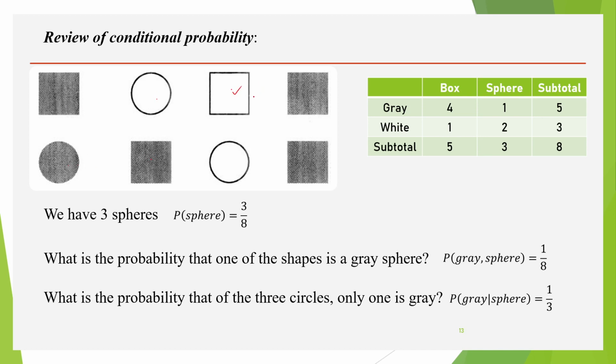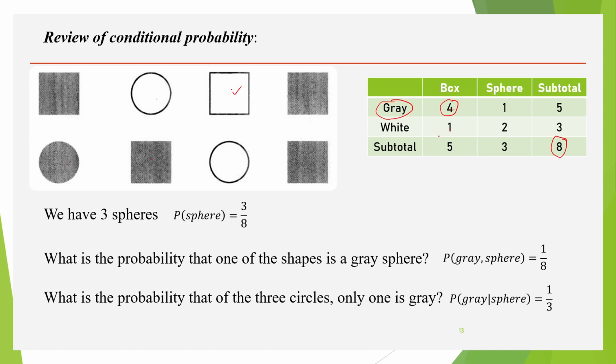When we put all these items on the table and the light is on, we can see how many gray squares and white squares there are. So we can easily compute the probability of, as you can see here, gray box: the probability of a gray box must be 4 divided by the total, 8.